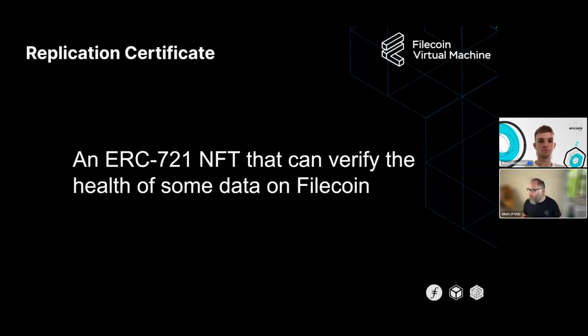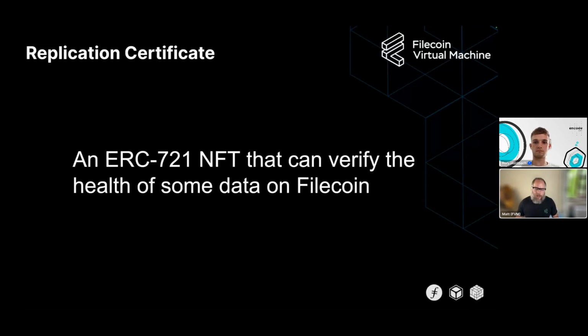So FVM, the Filecoin Virtual Machine, gives you an Ethereum compatible runtime that you can deploy Solidity smart contracts to, or anything that compiles down to EVM bytecode. So many people from the Ethereum ecosystem will be familiar with ERC 721 as a standard for NFTs. So it's a smart contract that represents a non-fungible token, or rather a collection generally of non-fungible tokens within a series.